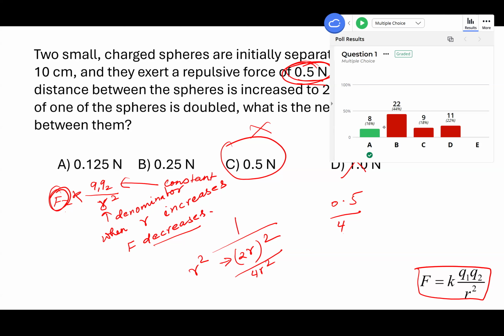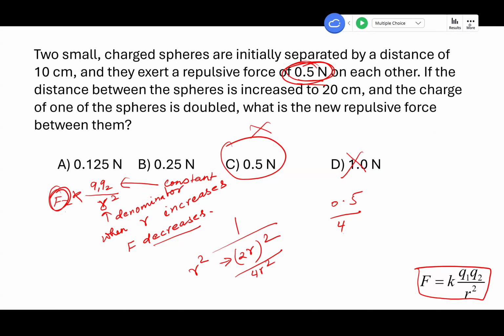See, Ramesh, the question says that the charge of one of the spheres is doubled. Does that still mean that Q1 and Q2 remain constant? Oh yeah, it wasn't just the distance. I did not read that. Glad you reminded me. So yes, charge increased. It became a quarter because of the doubling distance, and the charge is also doubled. So charge is not constant.